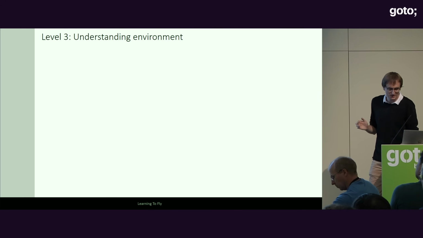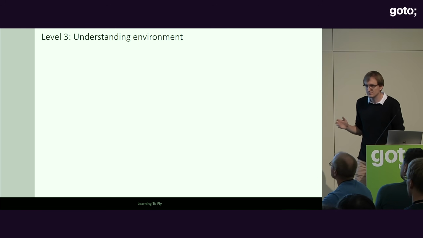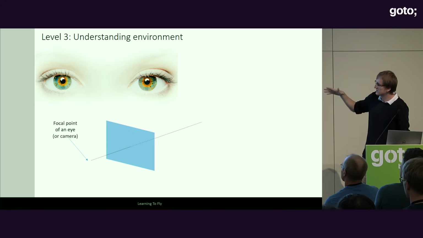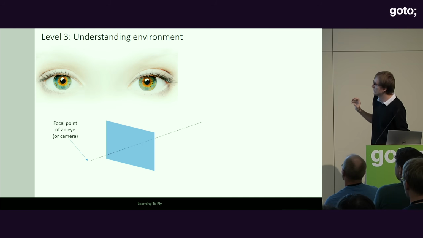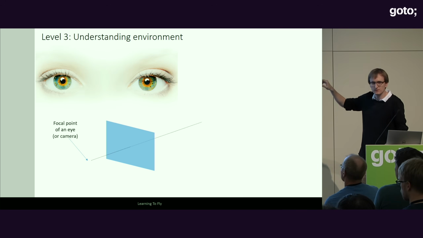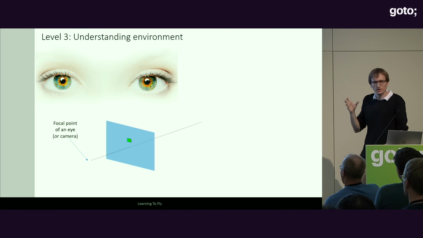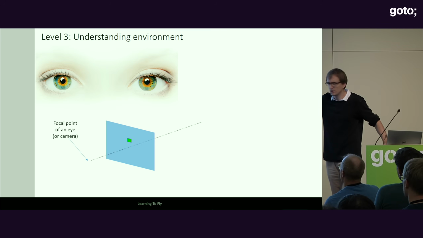And probably the first answer that comes into our head is through the pair of our eyes. So let's say this is a simplified diagram of our viewing system. The blue rectangle is the place where the image is formed, so the retina of our eye, and the dashed line is its principal axis. Now, a single pixel in this plane would tell you very limited information about what we see in the world.